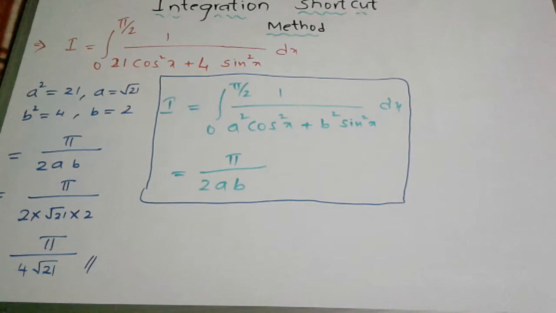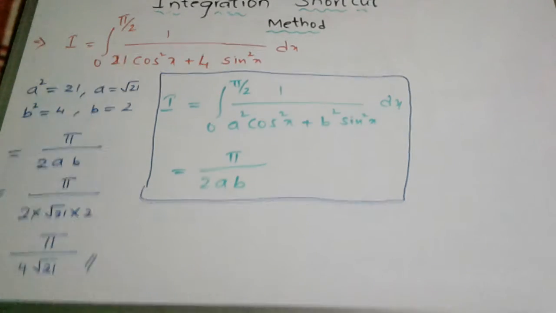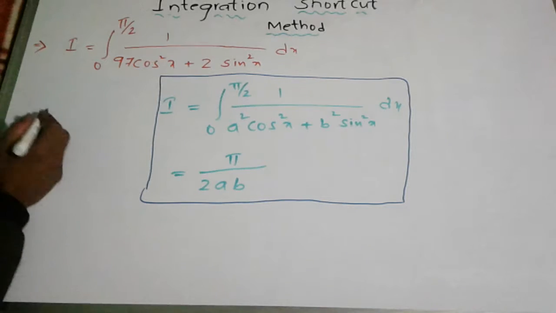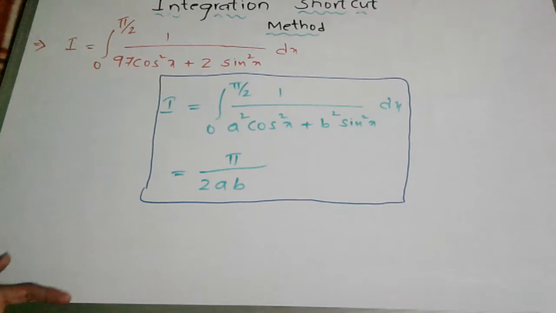You can solve this within seconds and you will get the answer, so that you will score a good score in competitive exams, right? So let's move on to the third example. Okay guys, this is the third and last example, and here the question is in the general format.